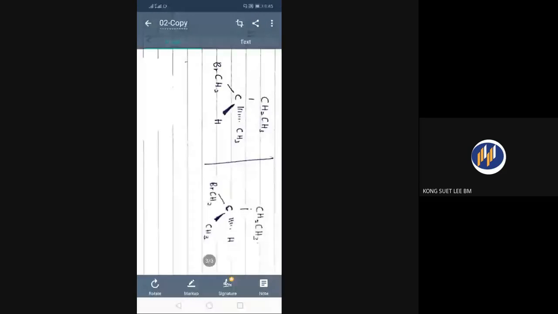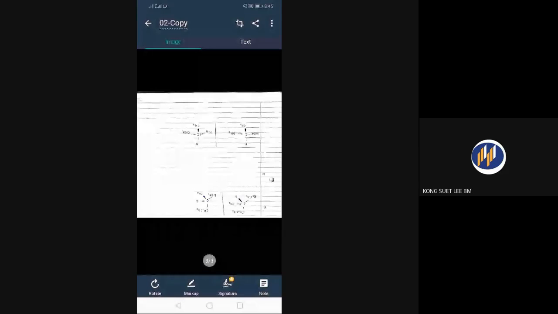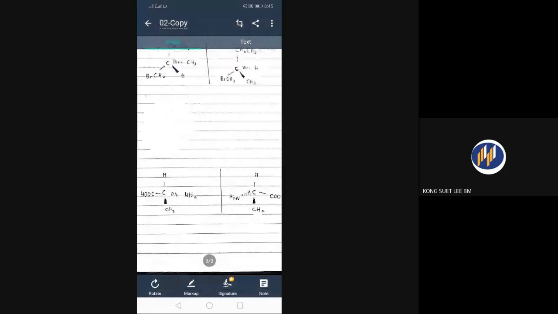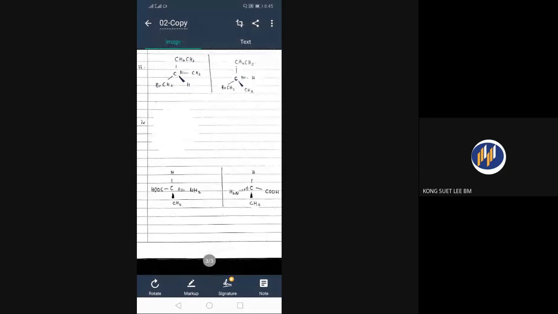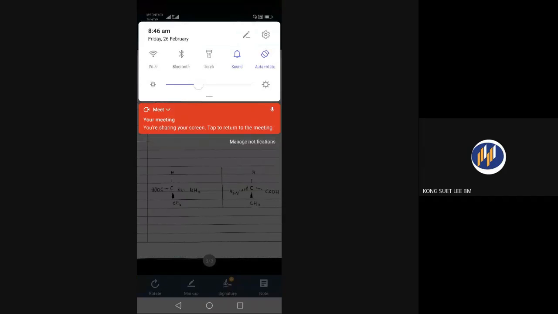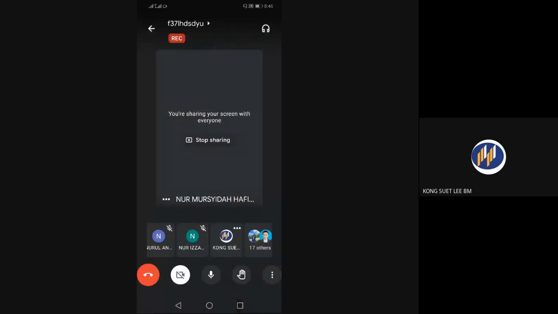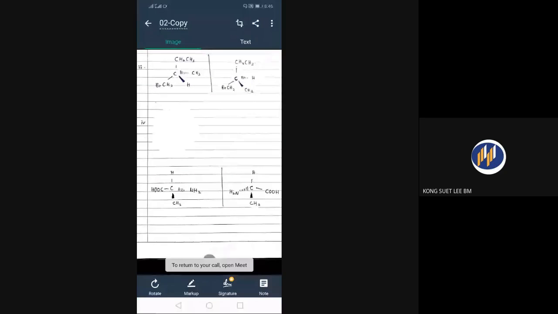Okay, tak apa, Madam tengok jawapan. Okay, macam ni lah dia.